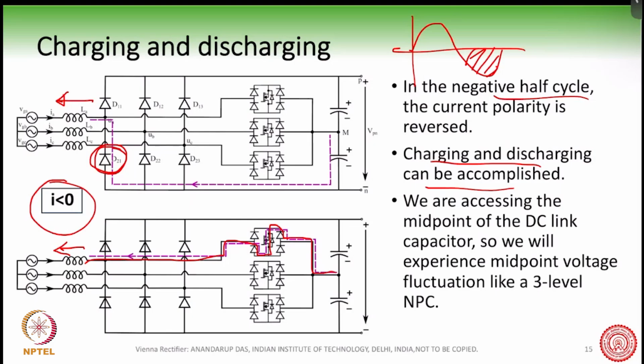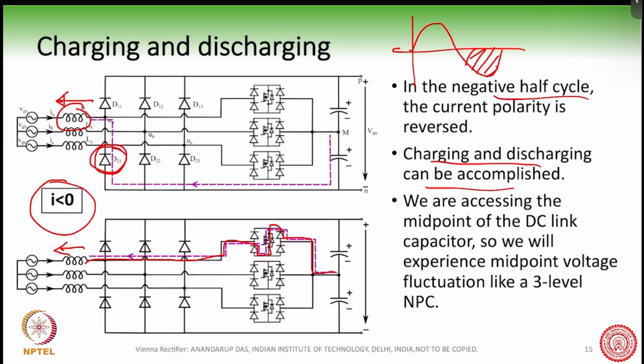So basically, if we look at it from the perspective of a boost PFC, the inductor current can be charged or discharged in the positive half of the AC cycle and the negative half of the AC cycle. And we can do this job.